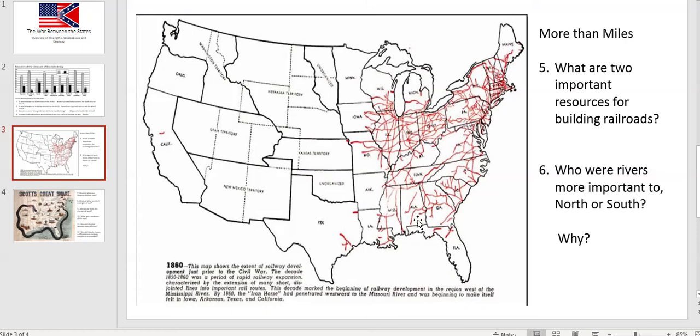One little note, this rail line right here, if you look carefully, that's leading from Montgomery, and it's going to Atlanta. And that rail line was specifically built because Montgomery, before the war, was the largest slave trading city in the entire South.